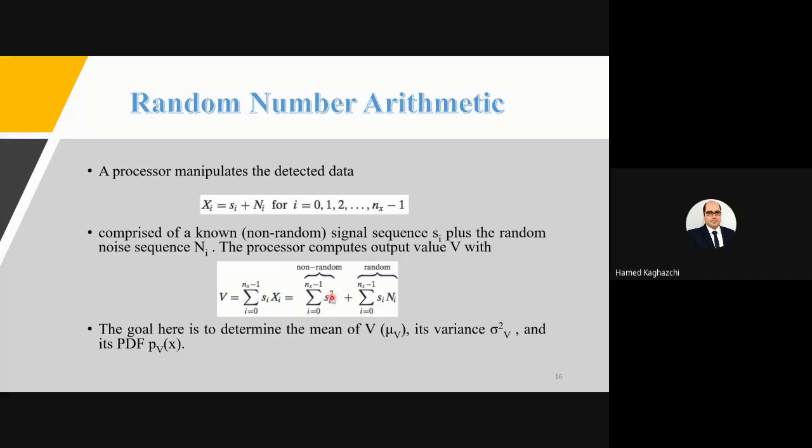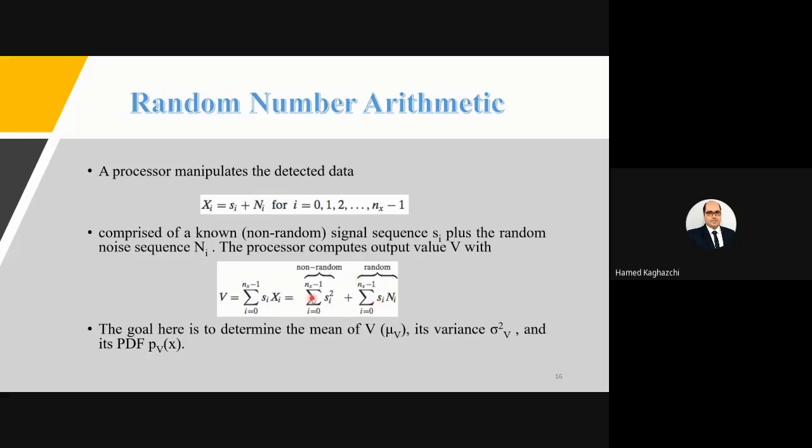It means that each sequence is added together plus Ni. Si is my detected data, Ni is my noise. The output of the processor can be found using this formula.